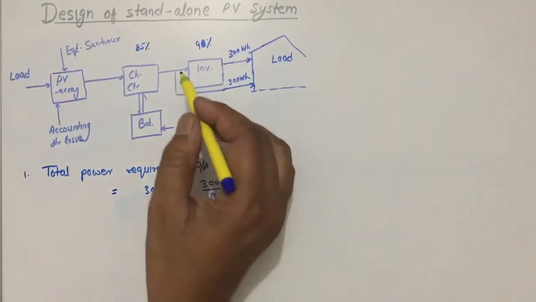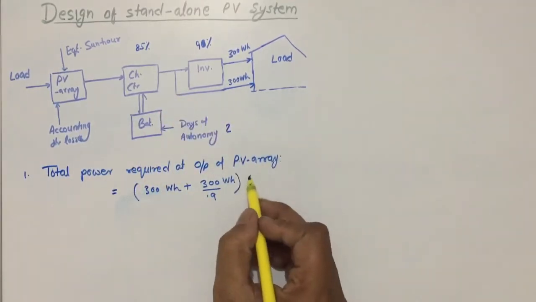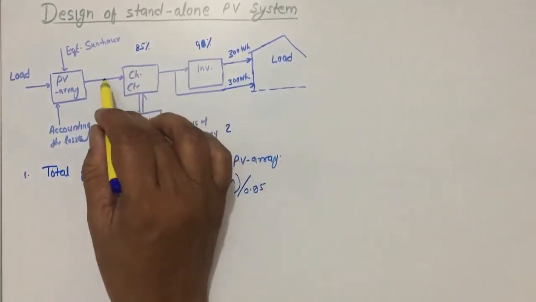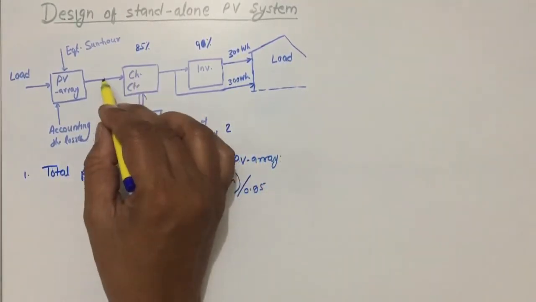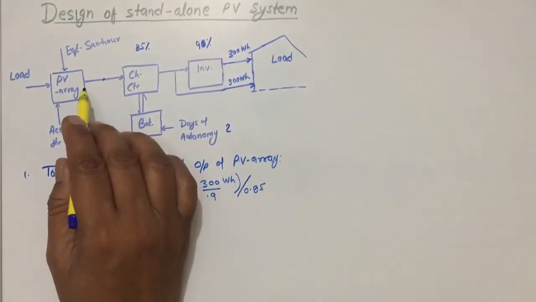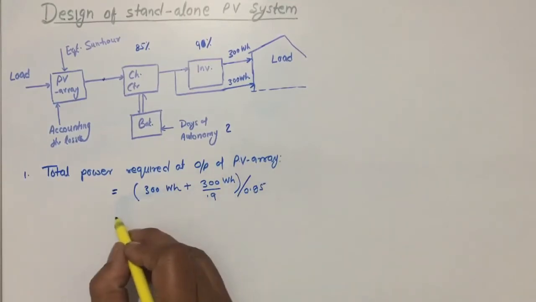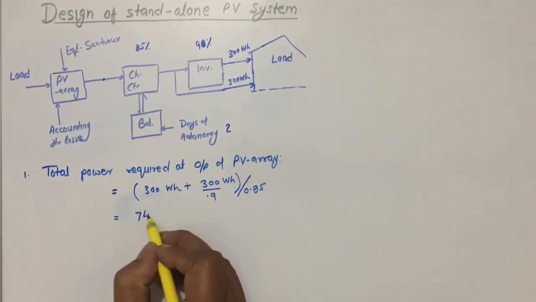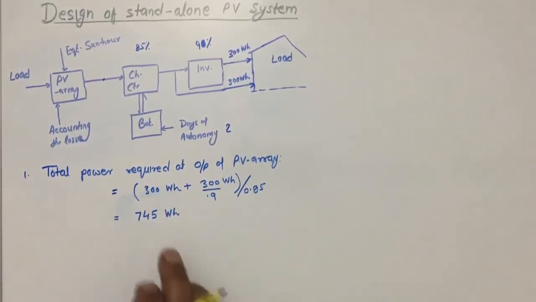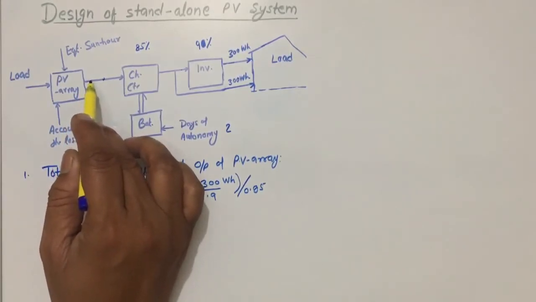This will be the energy available at this point, and if we divide by the efficiency of the system, it will be the energy required at the output of the PV array. If we calculate this, it is approximately 745 watt hour. This is the photo-generated energy at the output of the PV array.